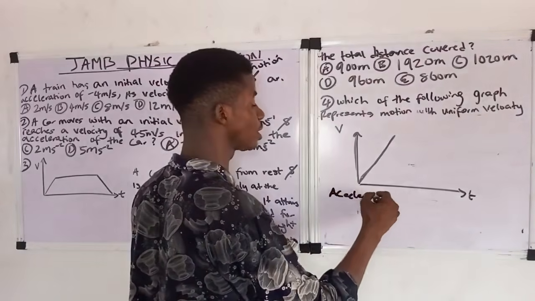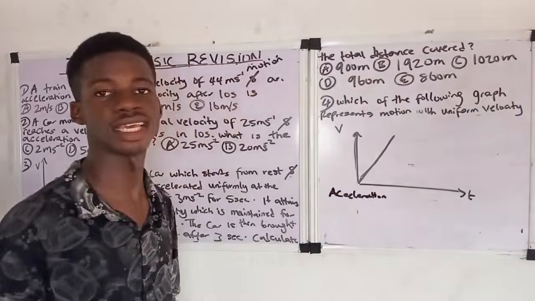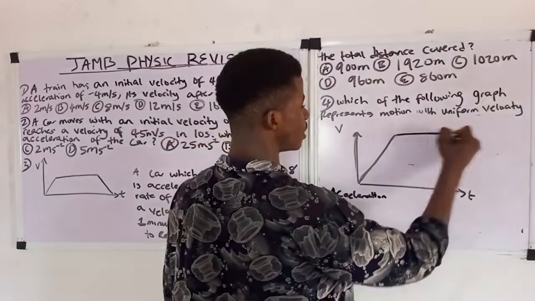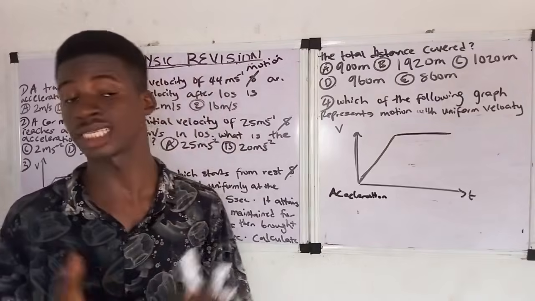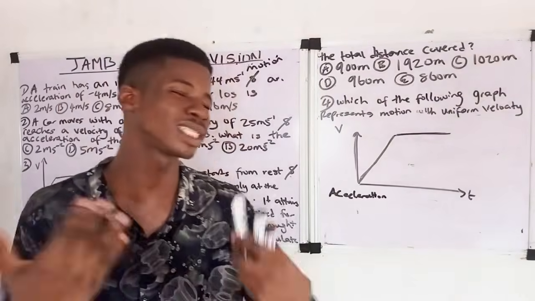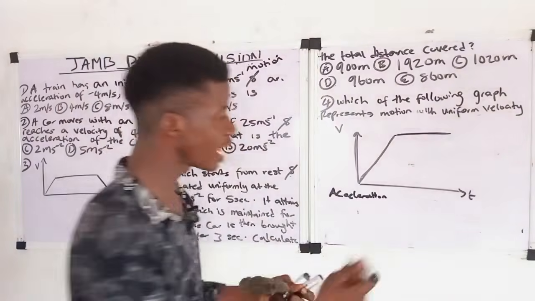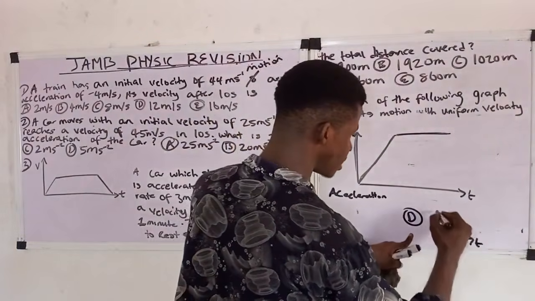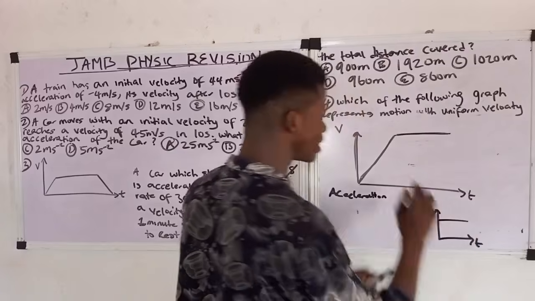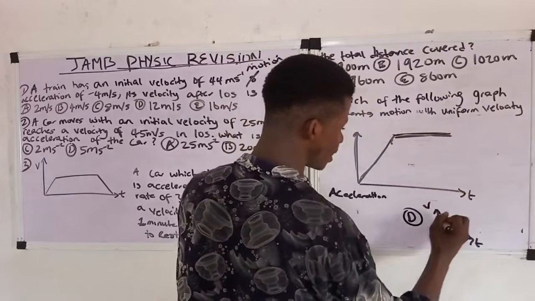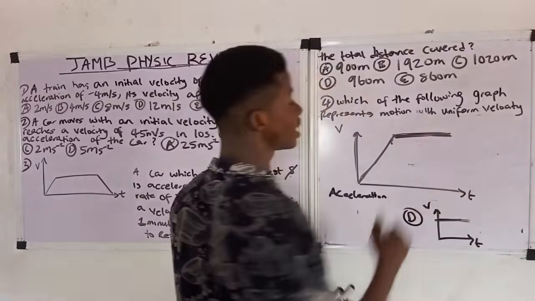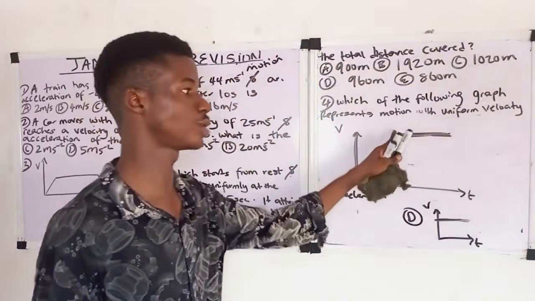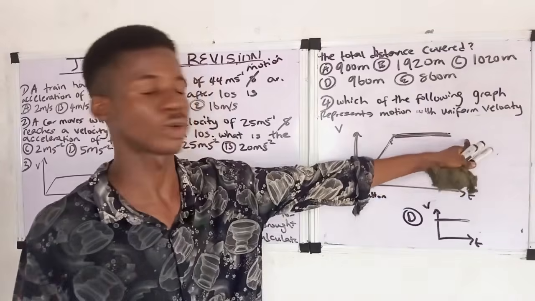Then when you see a straight line like this, this line does not show that the body is accelerating. It shows that the body is moving with a constant velocity. So that is why option D is correct, because in option D we have something like this. So this one represents a uniform velocity, while this one represents acceleration.